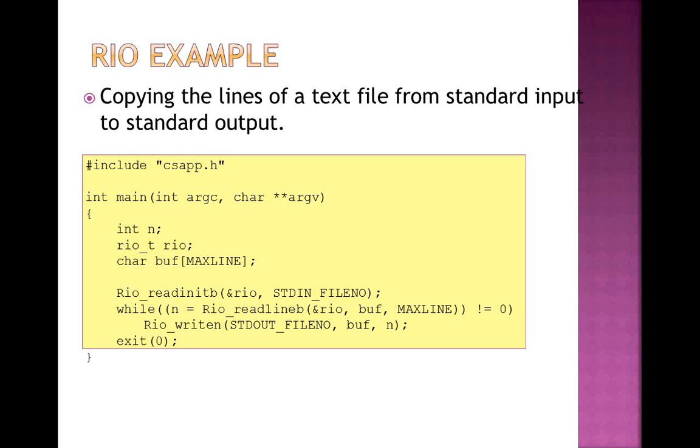Because it is copying the lines of the text file, not the binary data. If I am using binary data, it should be read NB. So there is a different function, a different concept, a different scenario.